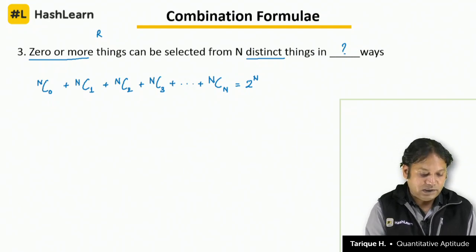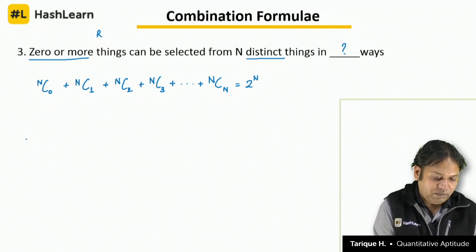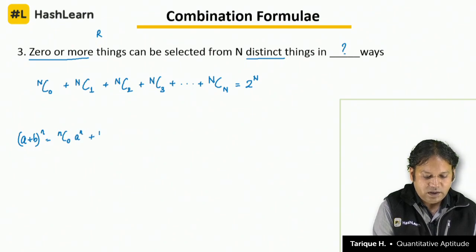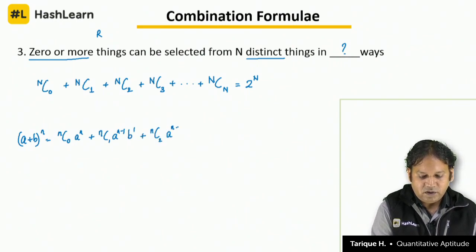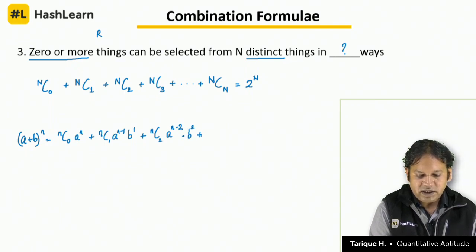This is basically nothing but the sum of the coefficients of a binomial expansion. That is an advanced concept of algebra, something called a binomial expansion, (a plus b) power n, which is equal to NC0 a power n plus NC1 a power n minus 1 into b power 1 plus NC2. This formula that I am writing here is called binomial expansion. You don't have to remember this formula, just understand.